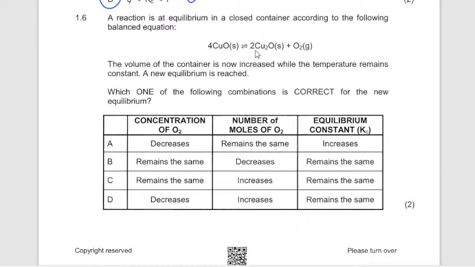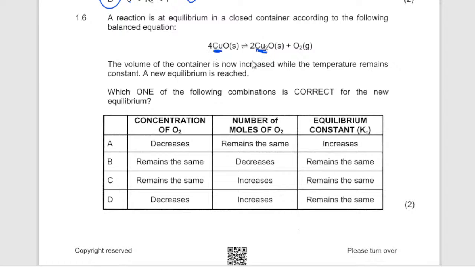Copper is equal to copper 2. Copper oxide is equal to copper 2. Still is the same. It's copper. This is copper 2. This is copper 1. Gives you copper 1 plus oxygen. This is already as copper 1. This is already as copper 2.